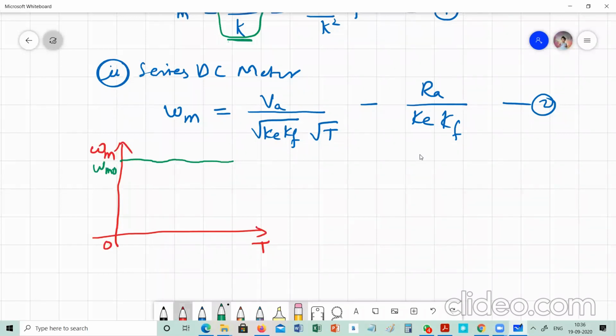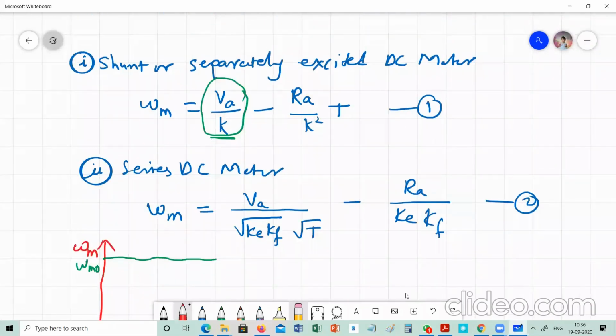But actually, as the load torque increases, the second term will increase, and the sign of this term is negative. This means the curve is not going to be constant or flat; it will drop because of this term.